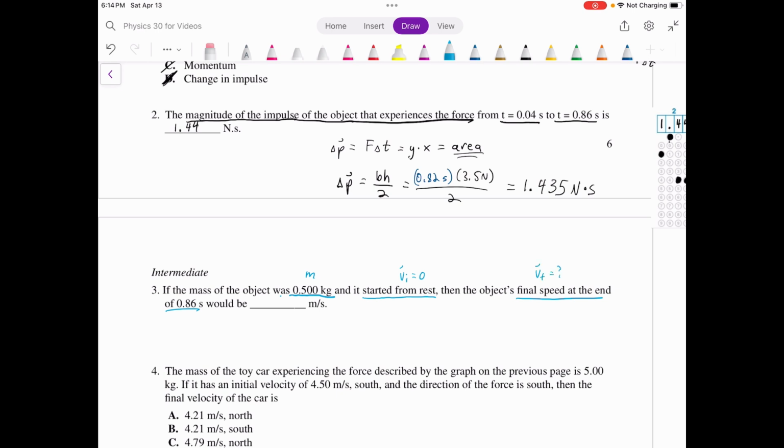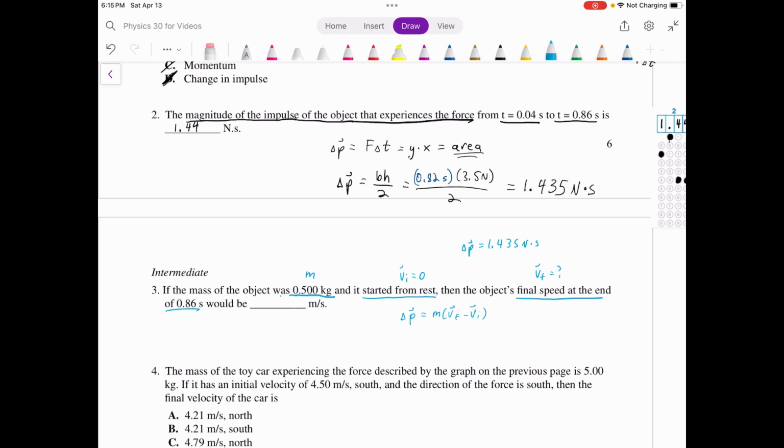Well, we've just found its change in momentum, right? So we know that the change in momentum is, going to use the unrounded 1.435 newton seconds, or kilogram meters per second, and we know that the impulse, or the change in momentum, is mass times the change in velocity.